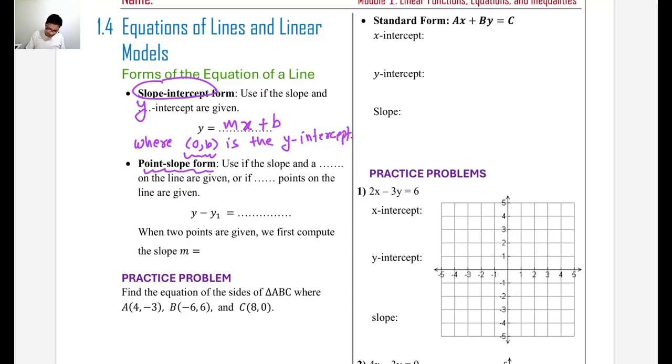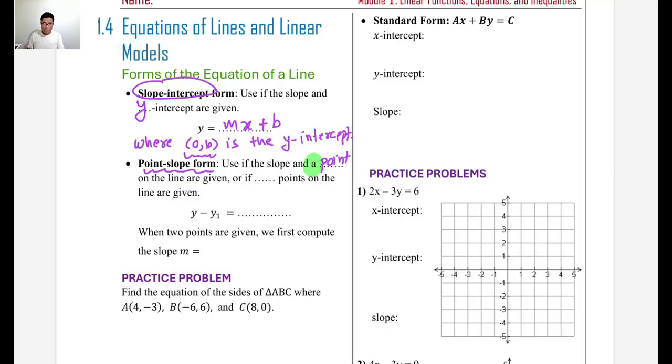Now, when will we use this? Use it if the slope and a point on the line is given. Now, when I say a point, a general point, any point, actually, you must be aware of this. In mathematics, whenever we use this word 'a' in definitions, 'a' stands for any.